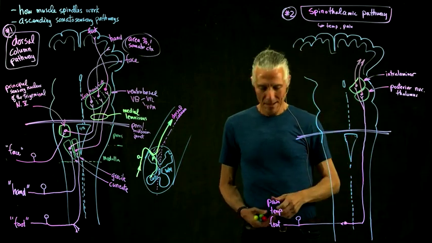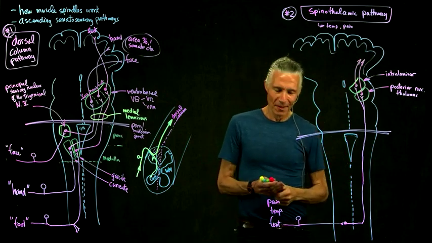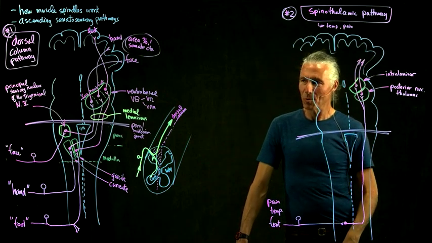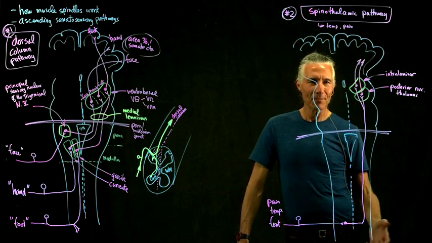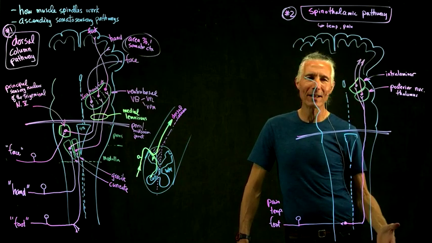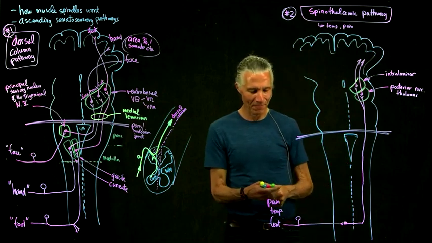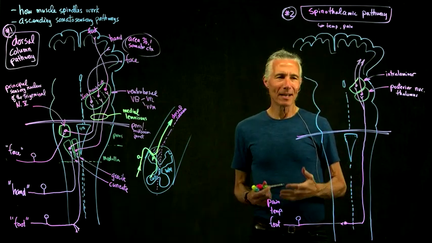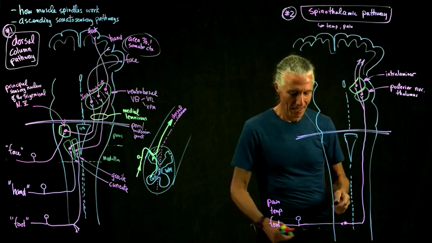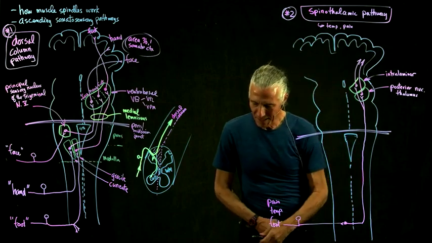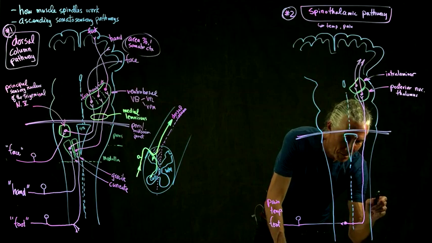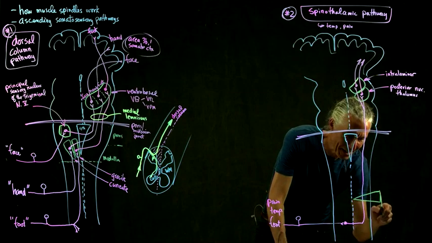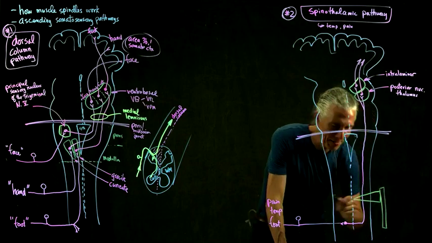So back in the day, if you unfortunately got a battle axe wound that severed half of your spinal cord, which would happen sometimes, and you somehow made it through, survived the infection, you got this strange phenomenon which was detected. So here's a battle axe. Okay, so you just cut through half of your spinal cord with an axe.